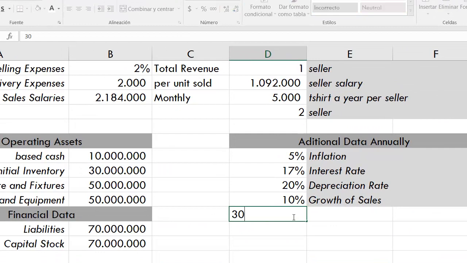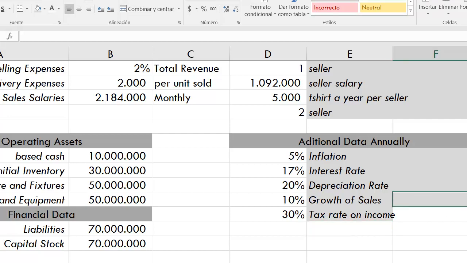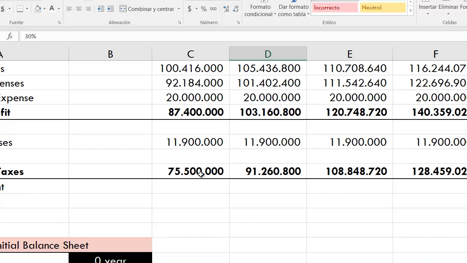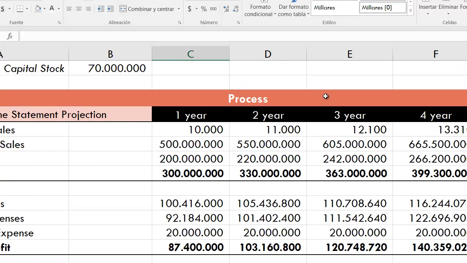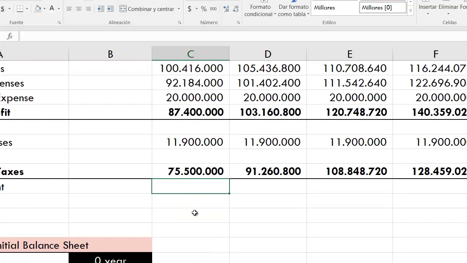Let's type here a 30% tax rate on income, right? And so whenever we make a profit here, we should pay 30% over that before tax profit income.